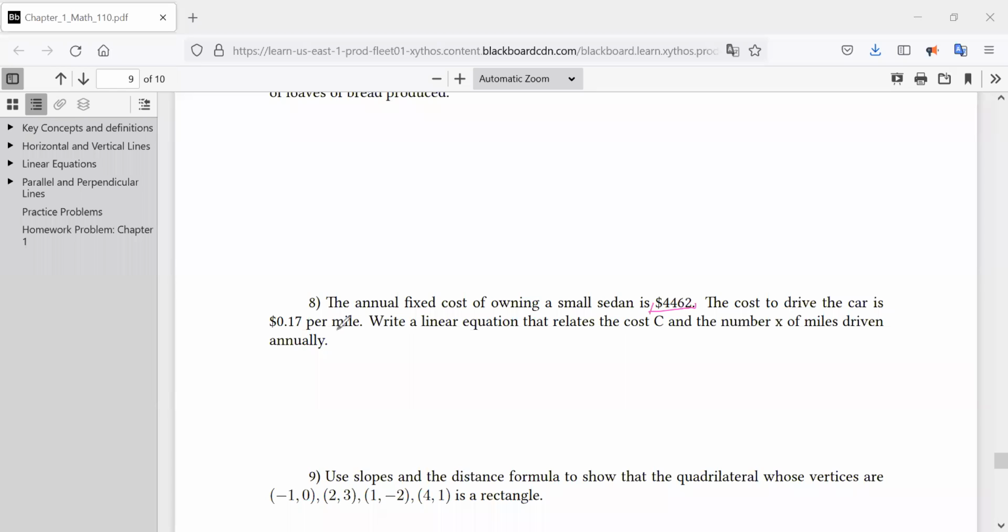And the cost to drive per mile is 17 cents per mile. So if we were to write this as a line, we would have C, that's the cost for this whole thing. So it's going to be, how much are we paying per mile? Well, that's going to be 0.17 X plus our fixed price, that's our B, 4462.